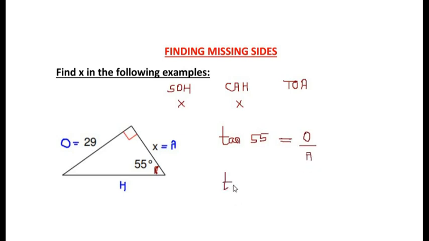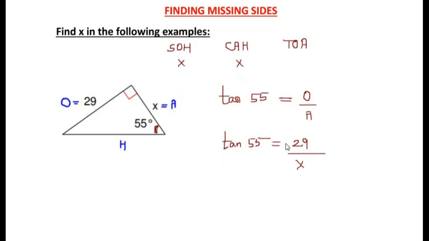So here we have tan of 55 equals, opposite is given as 29 and adjacent is given as x, which we need to find in this example. So here the x and tan 55 exchange places. So x comes over here and tan 55 comes to the place of x. So we can write x equals 29 divided by tan 55.